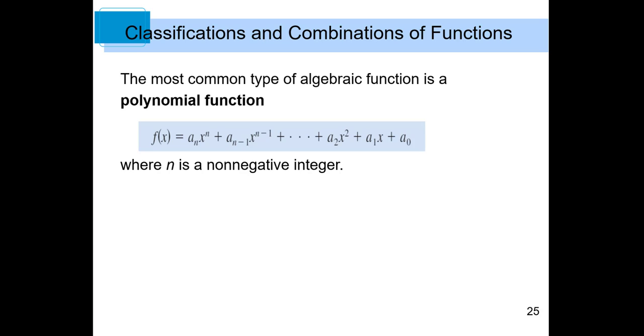Let's start with the polynomial functions. So we get f of x equals a_n x to the n power. And this a_n times x to the n is called a leading term. a_n is called leading coefficient.